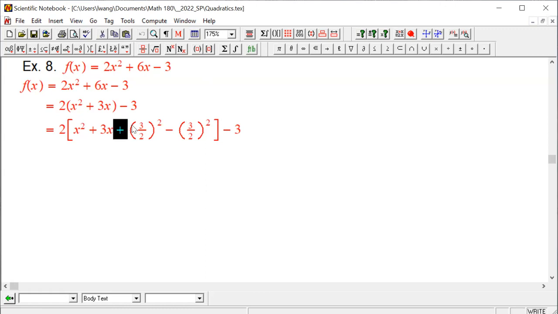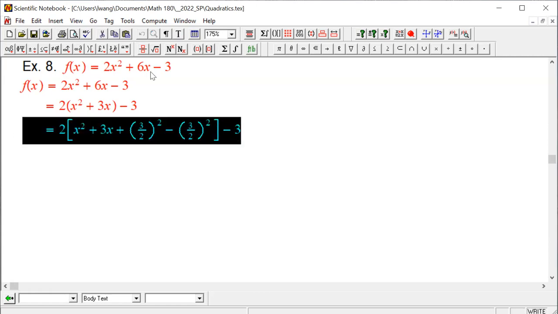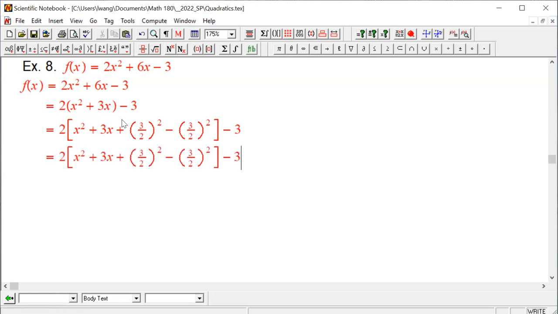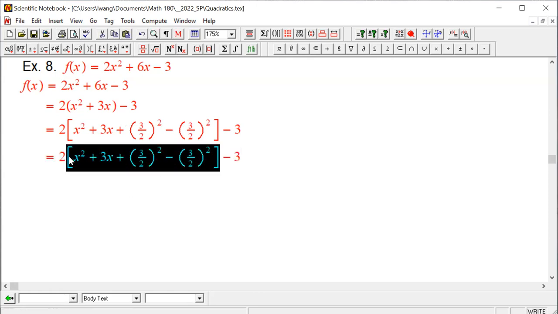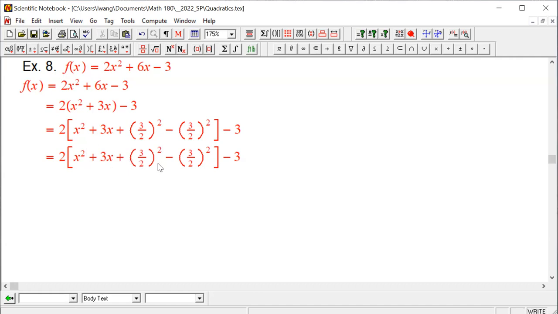We add a number and subtract the same number, so we add 0. The first number is to make the perfect square with the 2 terms in front of it. And the next term, subtracting it, is to maintain that equal sign. So that equal sign is validated. Okay, and then we're going to group. These 3 are going to be grouped into the perfect square. So that perfect square is found.